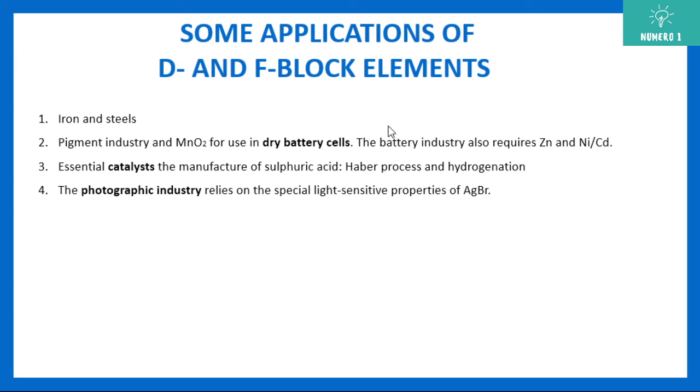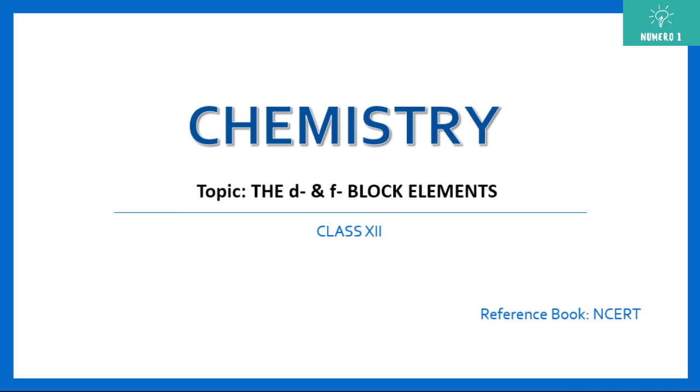We have seen that they are catalysts almost everywhere in organic and inorganic chemistry. Also, in the photographic industry, we use the light sensitive material AgBr. These are very broad applications, and that's it. The chapter is over.